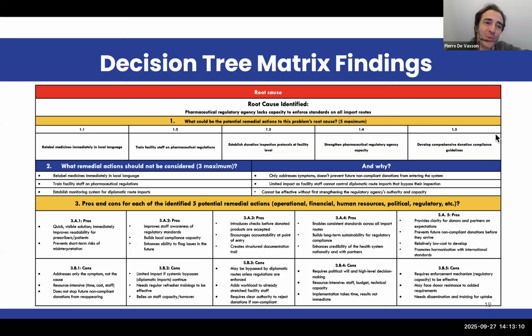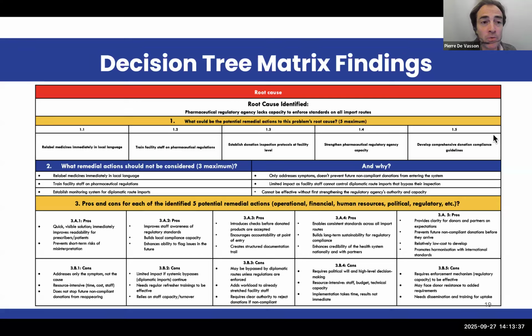Now we know the root cause: the regulatory agency not being empowered and incapacitated. But I would like you to take a step back and say it's good to identify the root cause, but after that, we need a remedial action. And there's always a range of remedial actions that should be identified and selected.